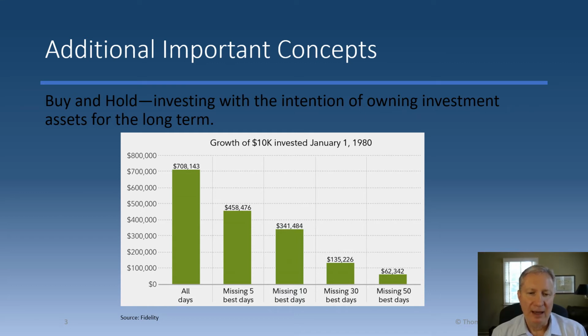If you owned it for all days of investing, it accumulated to be worth $708,000. If you missed the 5 best trading days of that period, it was only worth $458,000. Missed the 10 best, missed the 30 best, missed the 50 best trading days, it was only worth $62,000.